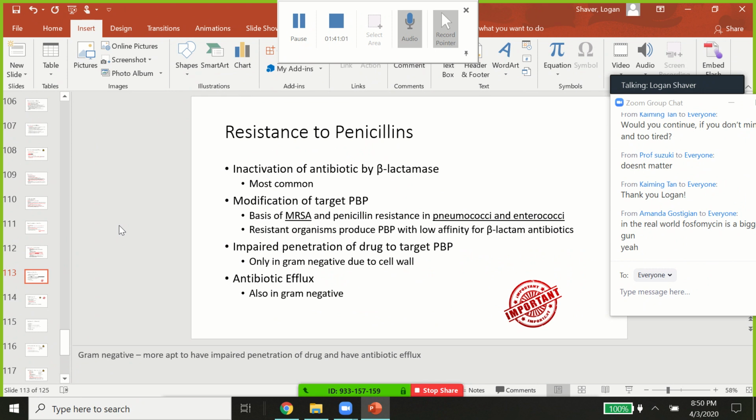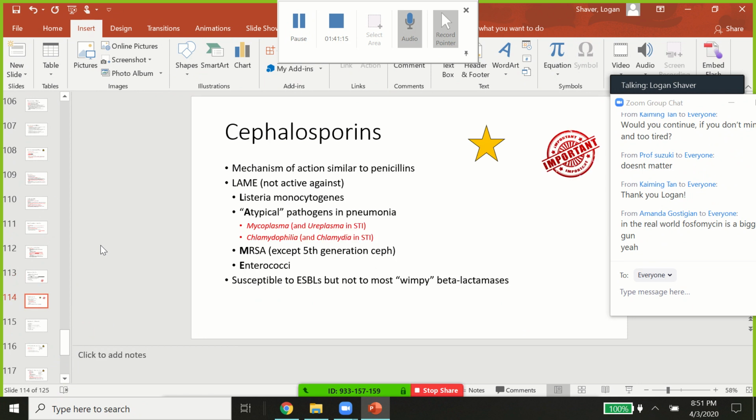Then resistance to penicillins. It talks about how bacteria resist penicillin. Pretty straightforward slide. I don't honestly remember anything right off the bat. I know MRSA's mentioned once again, so maybe that. Now this was important to know, I think, and she brings it up in an example at the end of this slideshow: cephalosporins cover similar stuff to penicillins, but they're not active against all of LAME.